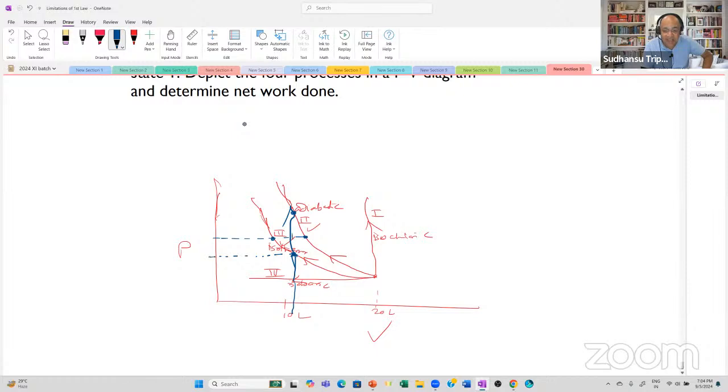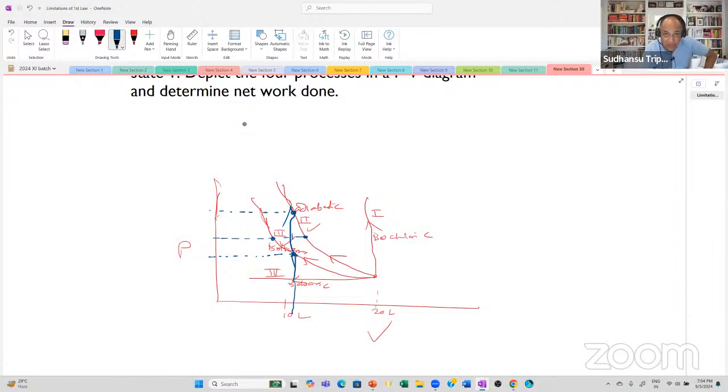And here the temperature is more, the pressure is more. This is Charles' law. It can be used to explain why the corresponding points of isothermal compression lie lower than the corresponding points in the adiabatic compression.